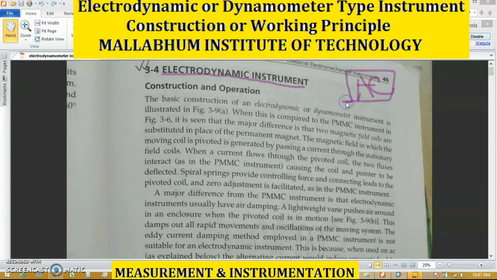As AC current passes through this instrument coil, the permanent magnet is replaced by a magnetic field.